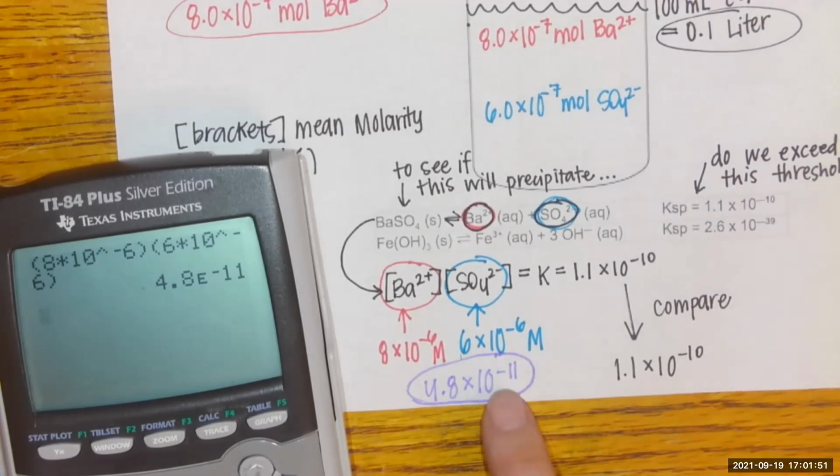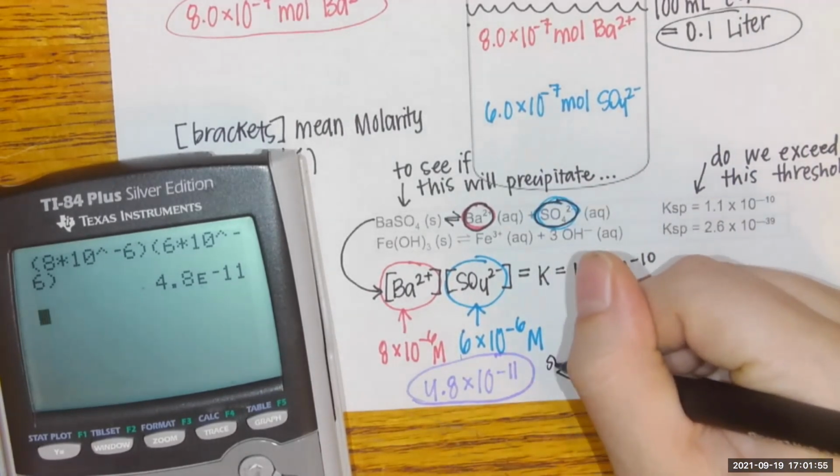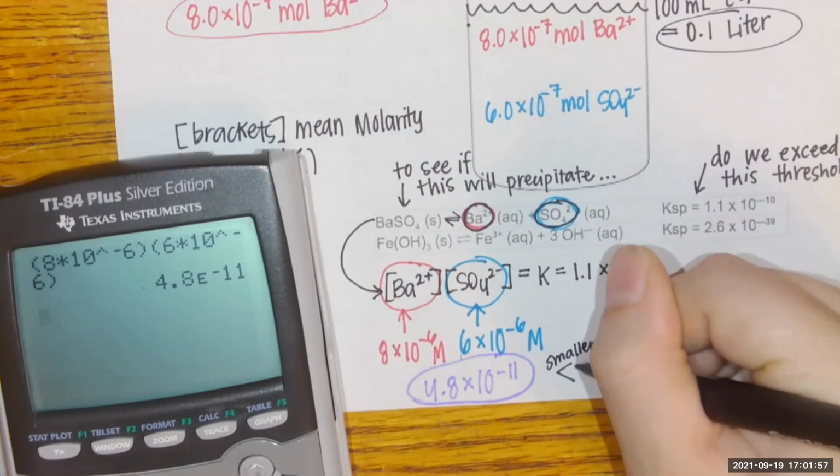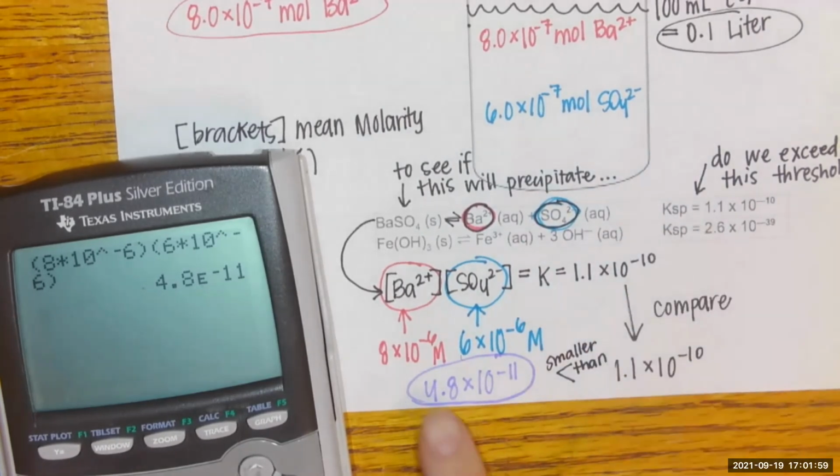10 to the negative 11 is smaller. 4.8 times 10 to the negative 11th is smaller than 1.1 times 10 to the negative 10th.